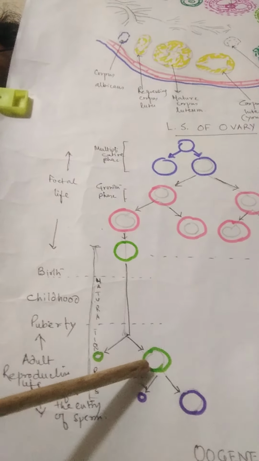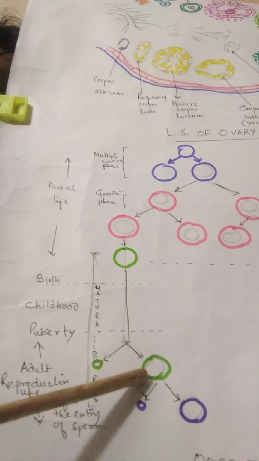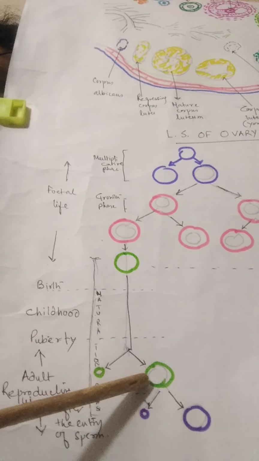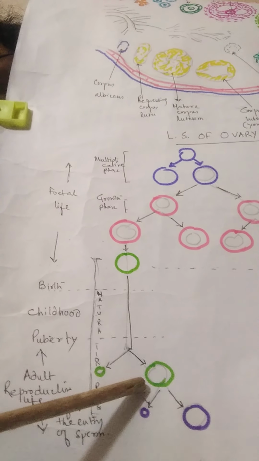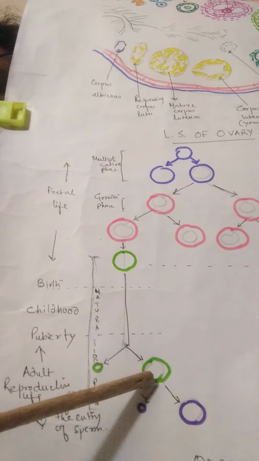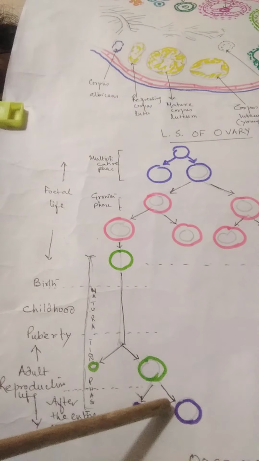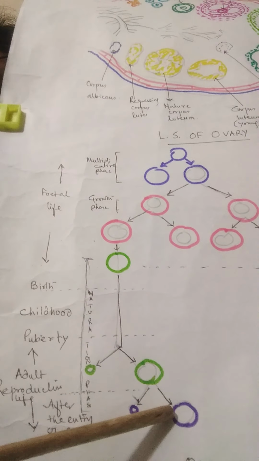Now this secondary oocyte will start dividing, it undergoes meiosis 2, but it gets arrested at metaphase. It forms the metaphase promoting complex and is arrested at metaphase. At this stage it is released from the ovary, moves into the fallopian tube and waits there for 48 hours.